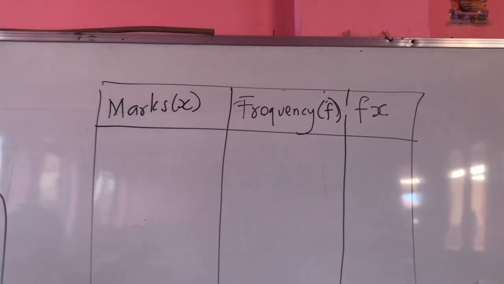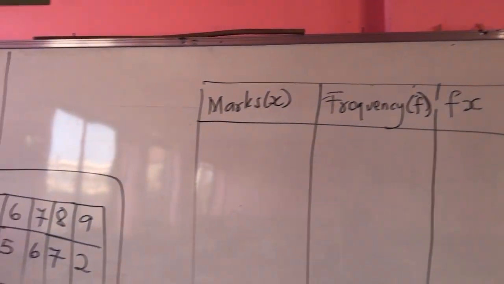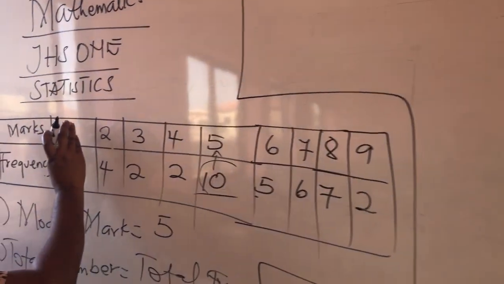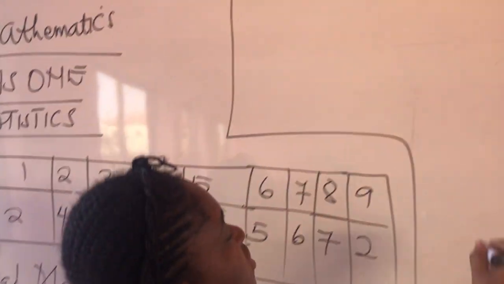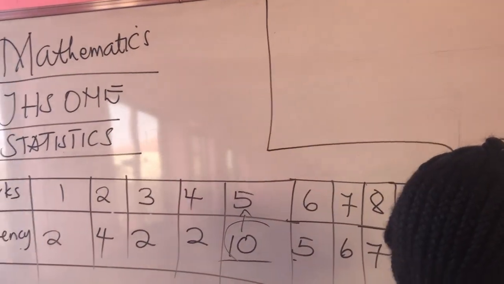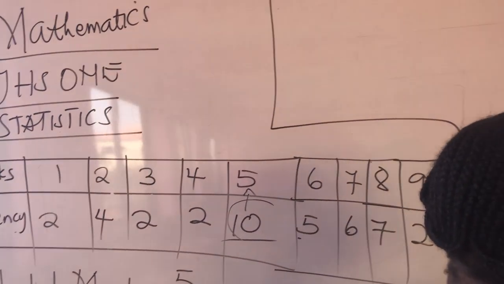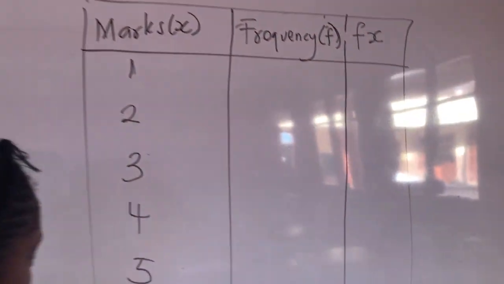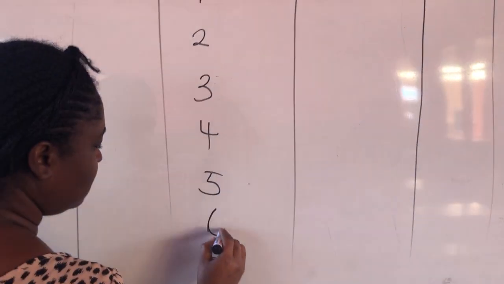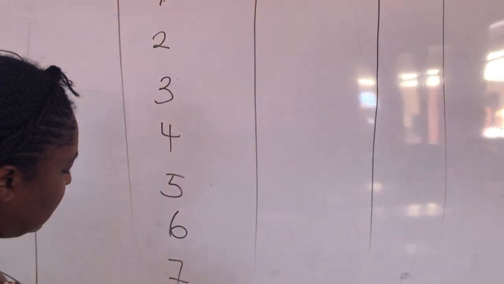So now you come down and you check your table. Now you write the marks. The marks are from 1 to 9. So let's copy 1, 2, 3, 4, 5, 6, 7, 8, and 9.